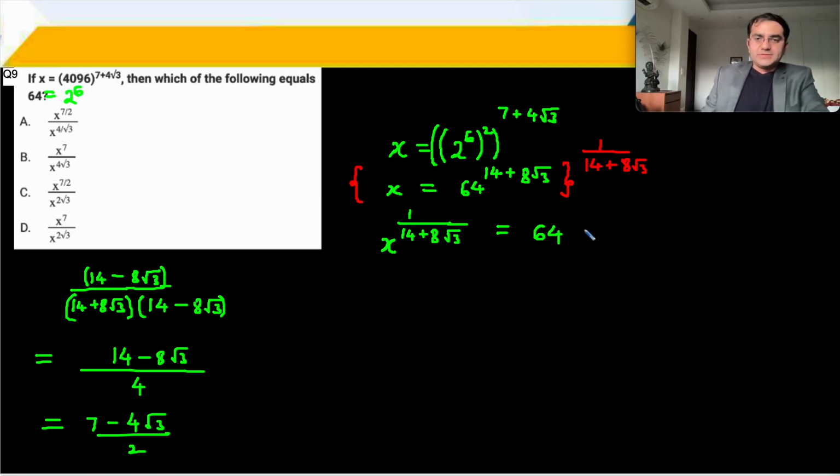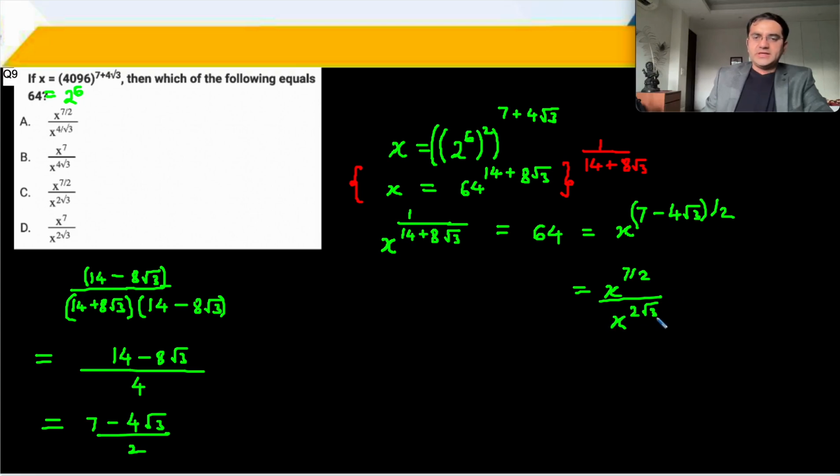This whole expression is now equal to x to the power 7 minus 4 root 3 upon 2. Or it can be written as x to the power 7 upon 2, and the minus part goes down, 4 root 3 upon 2 is x to the power 2 root 3.